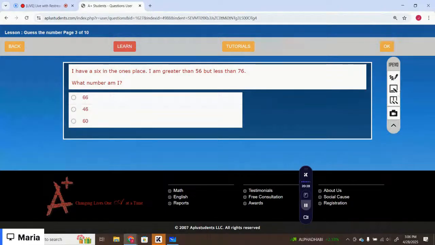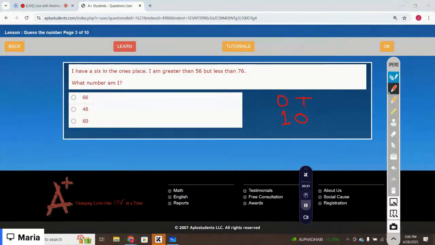I have a 6 in the ones place. That is greater than 56, but less than 76, right? So then the only number that has 6 at the ones place is 66. Option number 1 is the correct option. That is 66.